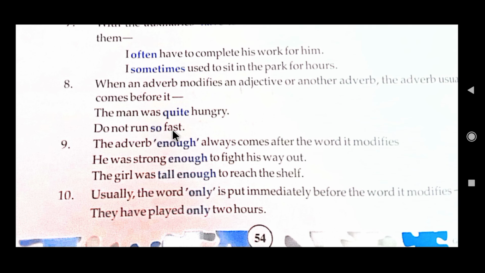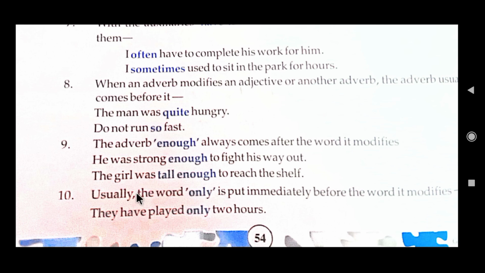Don't run so fast. We place so before fast. Now next, the adverb enough always comes after the word it modifies. He was strong enough to fight his way out. So enough always comes after the word it modifies, before the infinitive to fight.